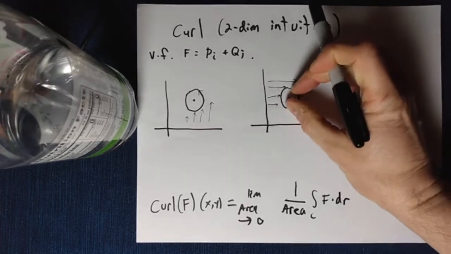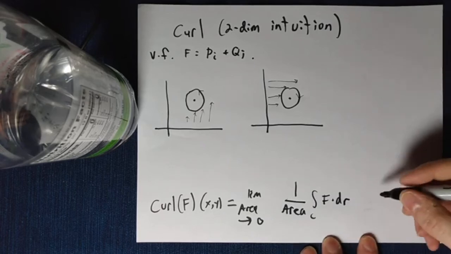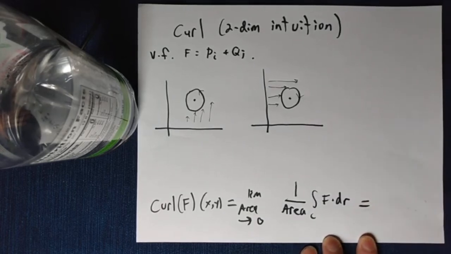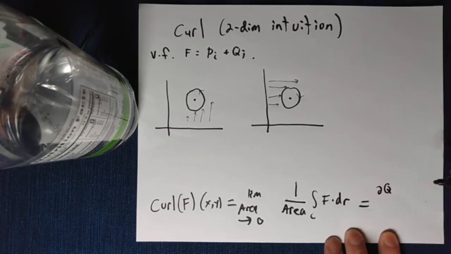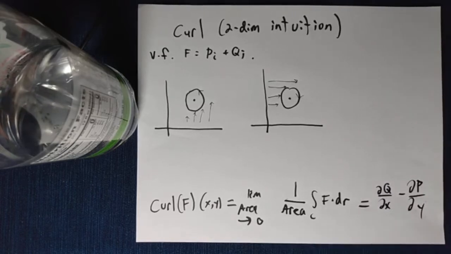So tiny, tiny, tiny, it's shrinking to a point. And it takes some proving, but when you take this limit, it comes out to the partial of Q with respect to X minus the partial of P with respect to Y. So this is not obvious. This takes some proving.